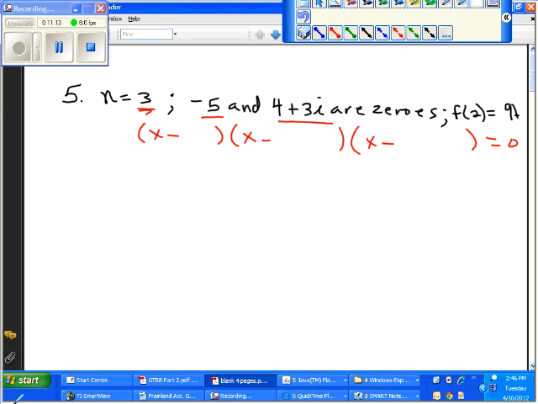But what they're really telling us to do is let the function value at 2 be 91. So if we were to later on put a 2 in place of our x's that we've just put on the board, then the answer when you plug in a 2 to all those would be 91.